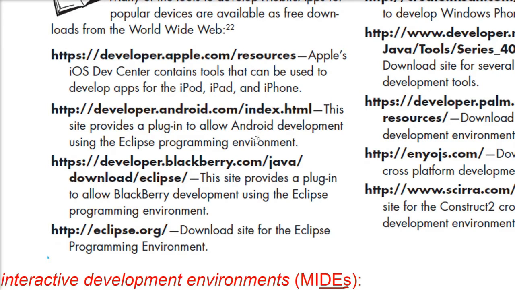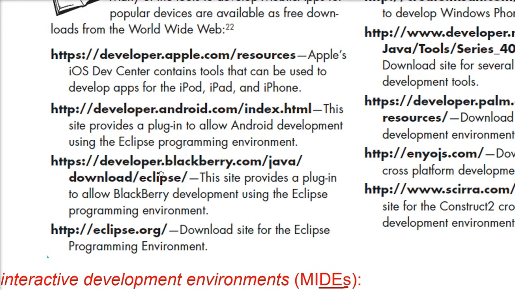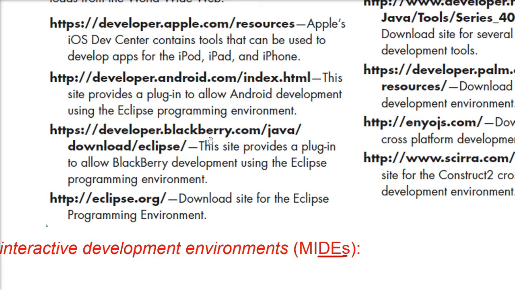Developer.android.com gives you a plugin for Android development using the Eclipse programming environment. Then developer.blackberry.com has a plugin to allow BlackBerry development using the Eclipse environment. You can also download the Eclipse programming environment from eclipse.org.